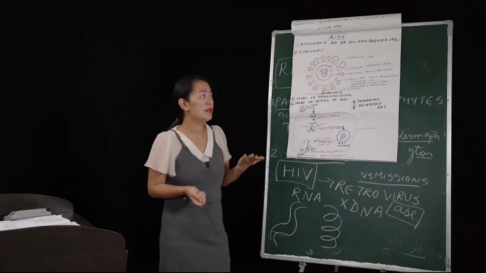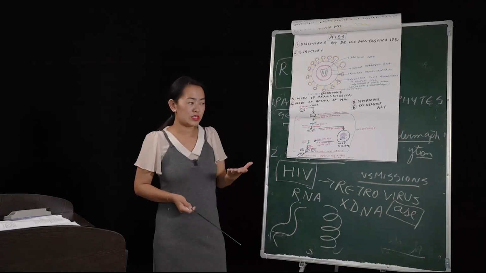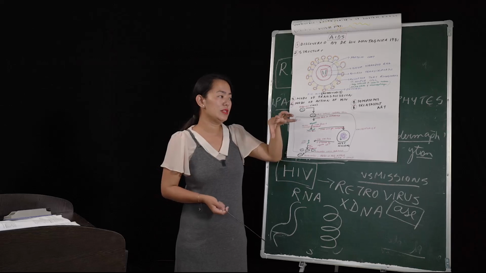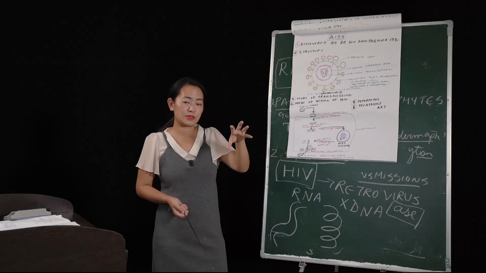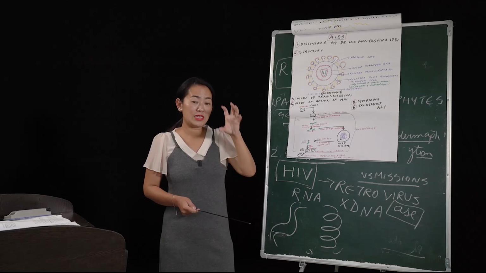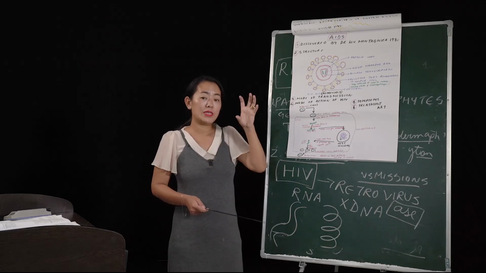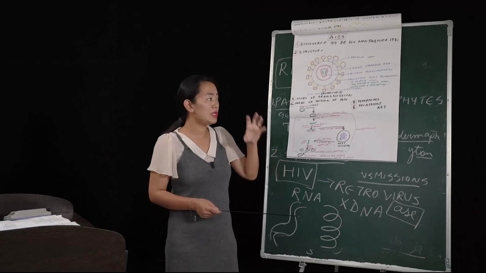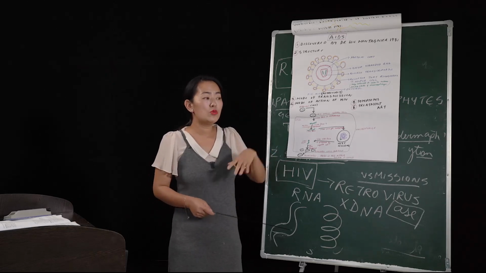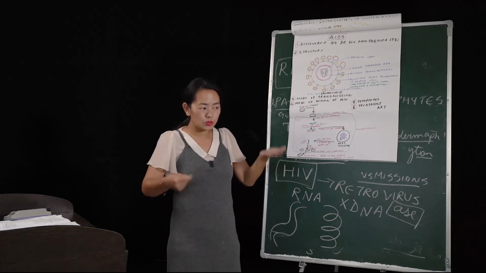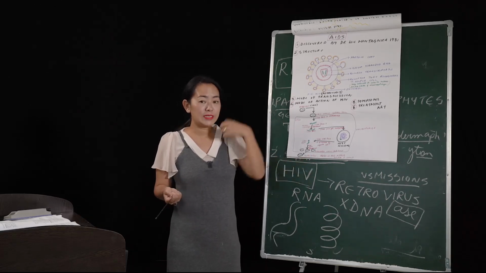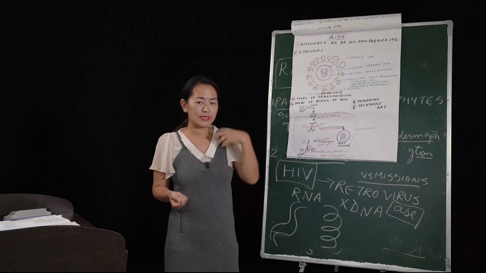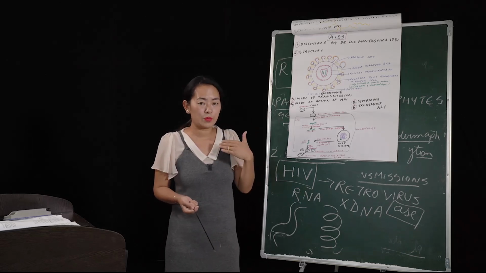Why do we talk about T helper cells? Because in the case of HIV, it is going to directly target your T helper cells. What is the main function of T helper cells? Your immune system is basically composed of T cells and B cells, right? T helper cells are those cells which go and tell the B cells to start releasing antibody. Like when an antigen comes inside your body. What is an antigen? That is a foreign substance entering your body, right?